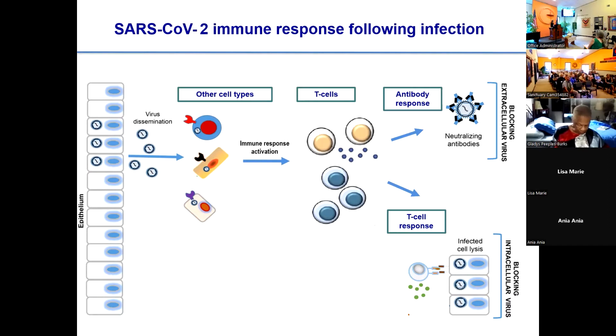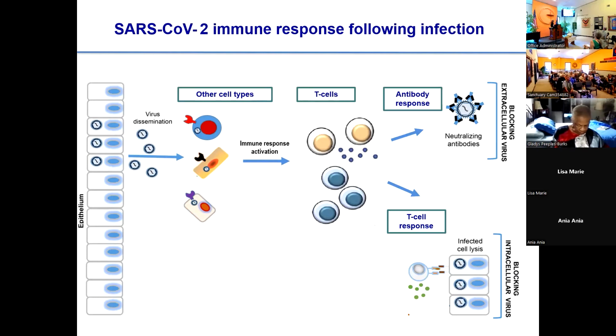When this happens, the body responds with an immune response because it recognizes the virus as foreign, and uses different cells called T cells to fight against the virus.